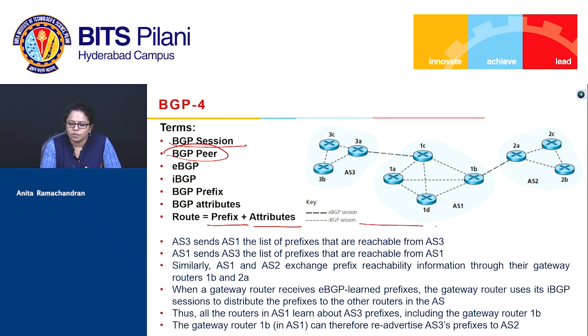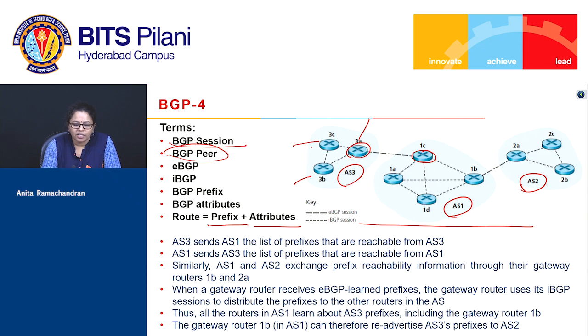Now let's take a look at this particular network example here. We have three AS here, AS1, AS2, and AS3, and a set of routers within each of these AS. AS3 would send AS1 the list of prefixes that are reachable from AS3. So if there is a set of networks that are reachable from AS3, those networks are advertised by 3A to 1C in AS1.